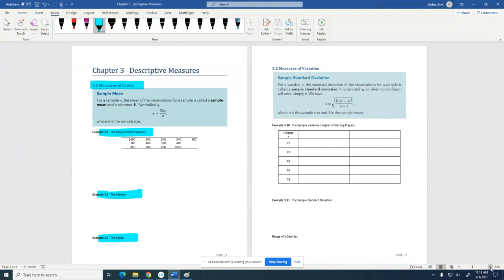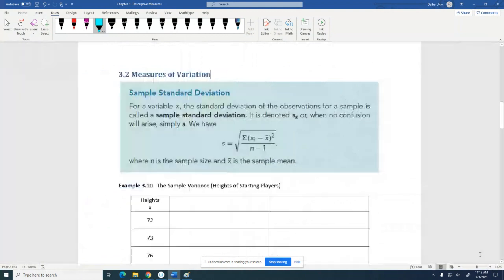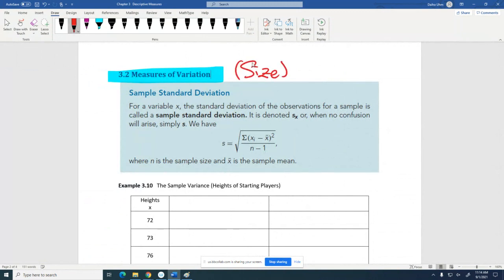Okay, then today, let me discuss the measure of the variation. It is the size. We are going to discuss the size of the distribution. Today, I will give you another 3 statistics. The first one is the sample standard deviation.